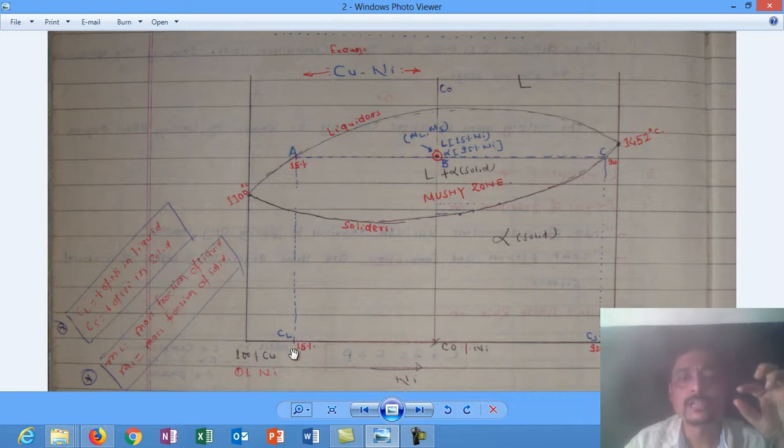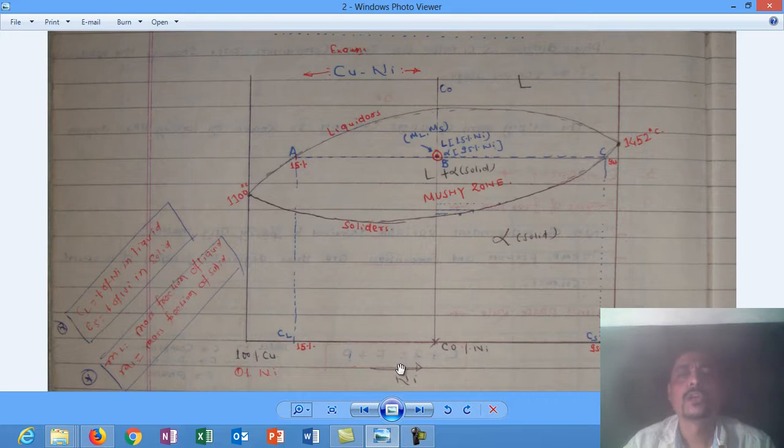Suppose at another point 95% of nickel is there in this mixture. That means there will be 5% of copper.